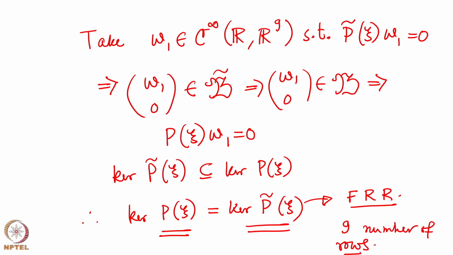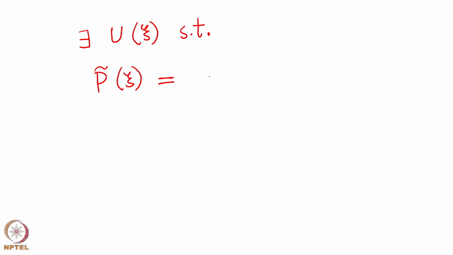So then we have already proven that there exists a unimodular matrix U(ξ) such that P tilde(ξ) is equal to U(ξ) P(ξ).